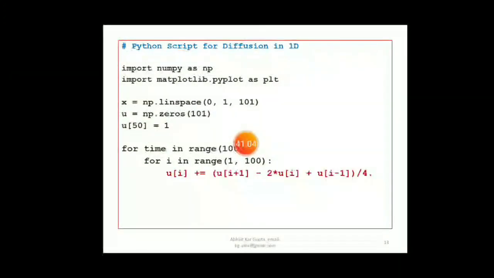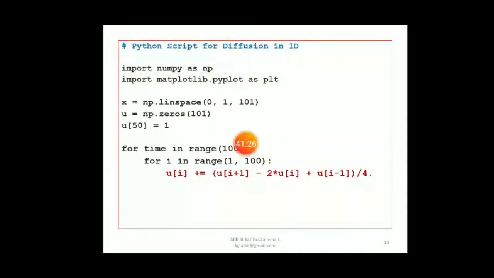And you just write this expression, u[i] plus equal to, meaning u[i] equals u[i] plus the rest of the terms, u[i+1] minus 2u[i] plus u[i-1], divided by 4. I have written 4 as a floating point.